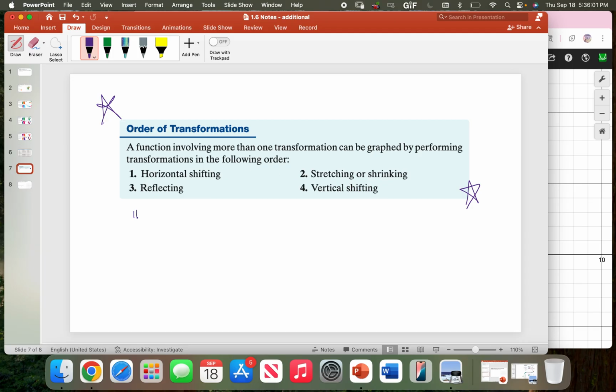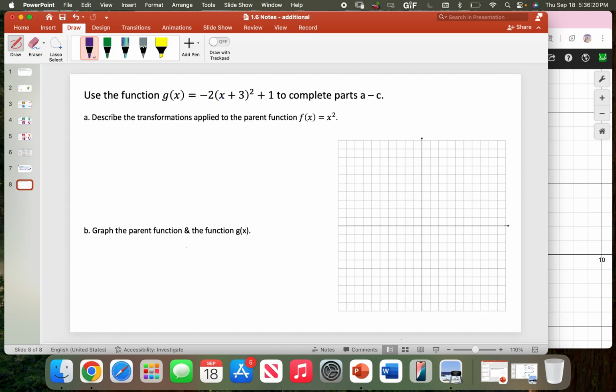Okay, you'll sometimes see in your textbook or wherever that it says to perform the transformations inside out, meaning inside being the closest to the x. So inside the parentheses and then work your way out in both directions, typically to the left first because that's where you'll see a shrink or a stretch, and then always at the end is going to be the vertical shift.